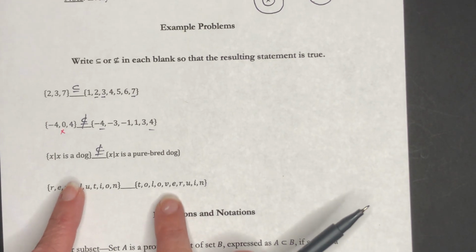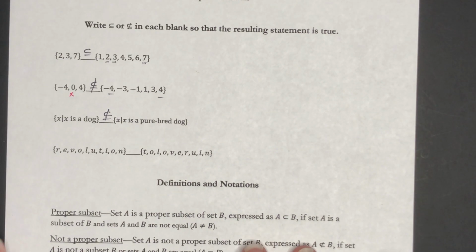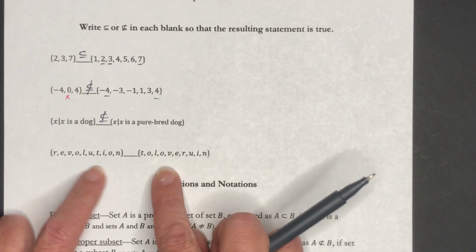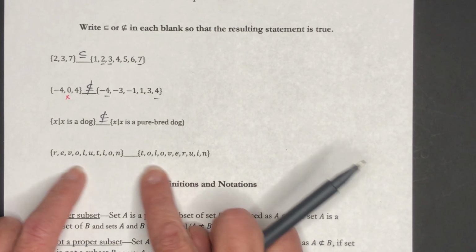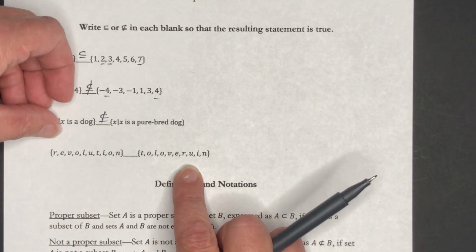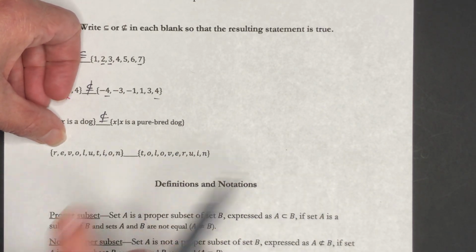Okay, so let's look at this one. And they very nicely give us a word here, and not so much over here. What we just need to do is to make sure that everything here is also over here. So I'm going to start marking them as I see them.